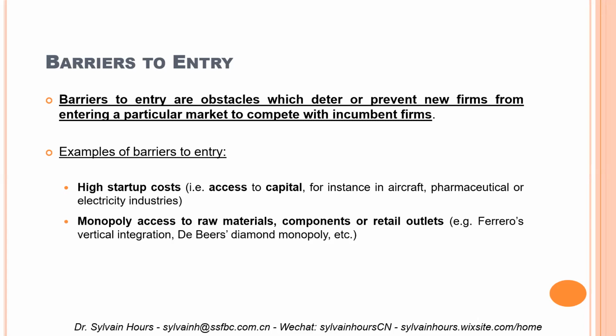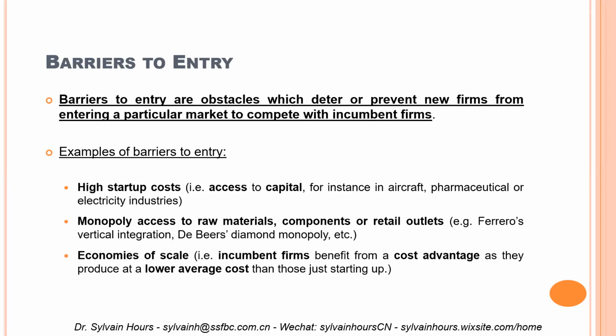Then even though you can theoretically enter the market, if you don't have access to a key or critical resource, you will not be able to produce the good or service. So this is another reason for which it might be difficult for firms to enter a particular market.